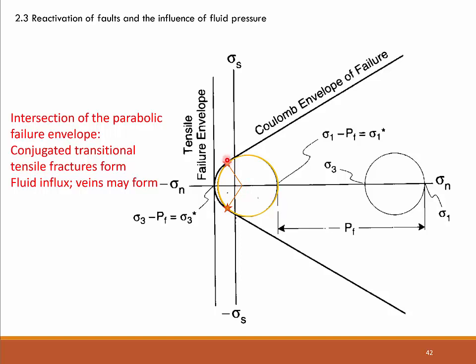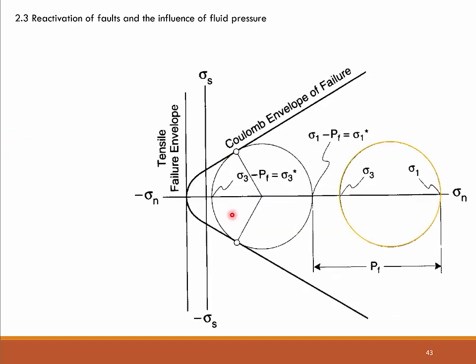These are conjugated fractures. They have a lateral shearing component because you see here at the intersection point we can look horizontally to the shear stress axis, and we will find here a positive and a negative value. That means two conjugated shear fractures form with opposite senses of shear.